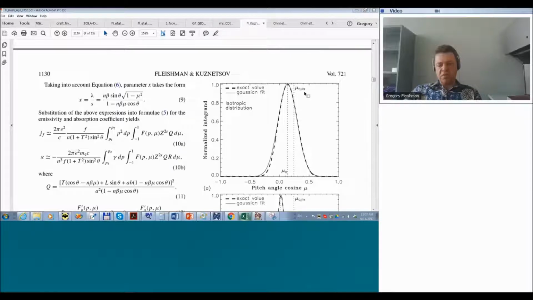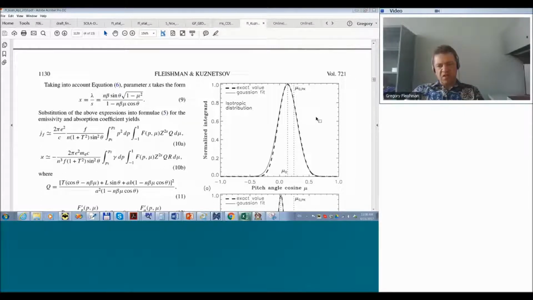PK means Petrosian-Klein, after the scientists who first found this value. You can see that it's not exact, it clearly deviates from the actual peak value, but for isotropic cases it's sufficiently close to be used in practice.